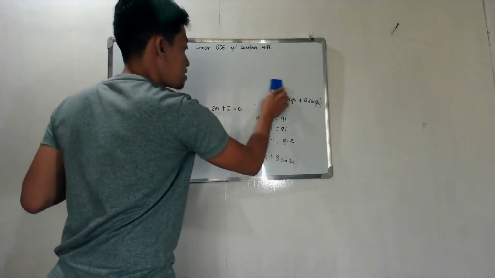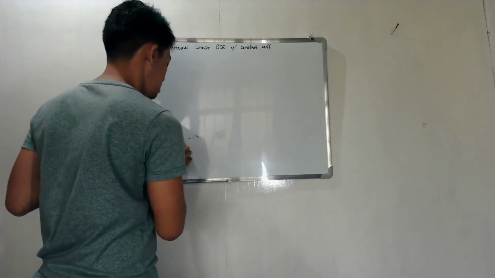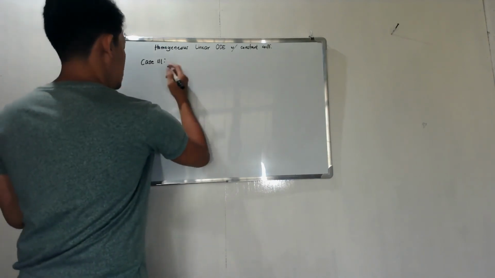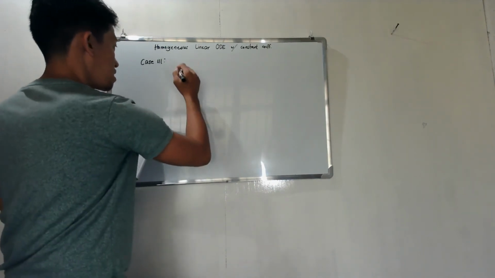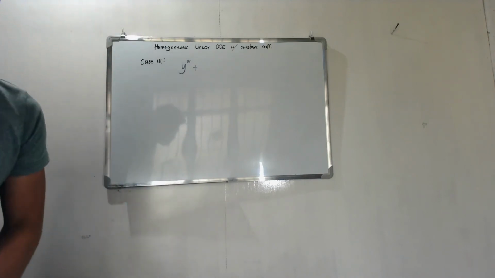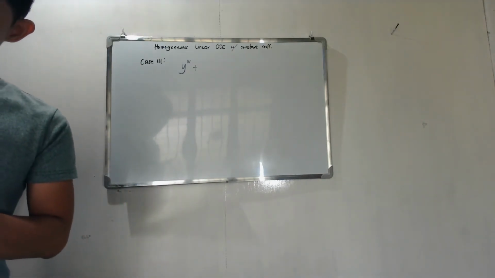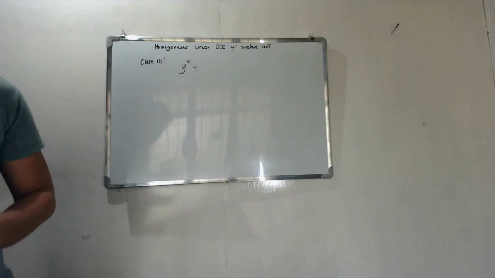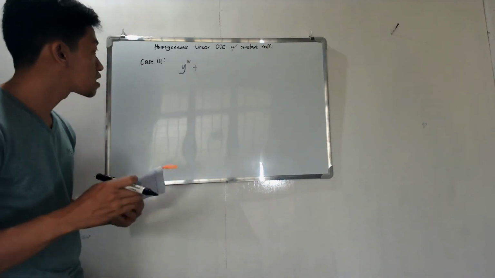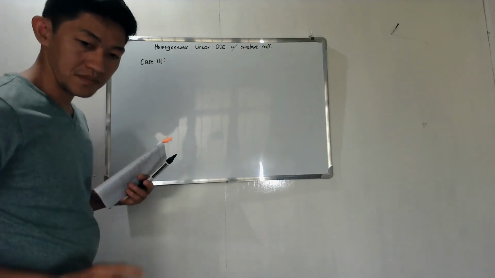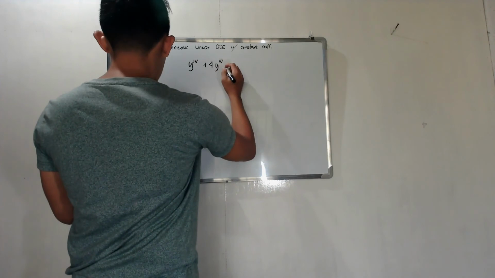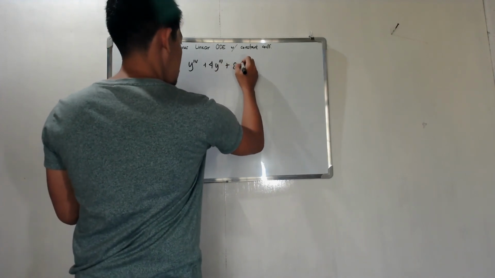So another example. Let's have a higher order example. Okay? y to the fourth plus y triple prime plus 8 y double prime.